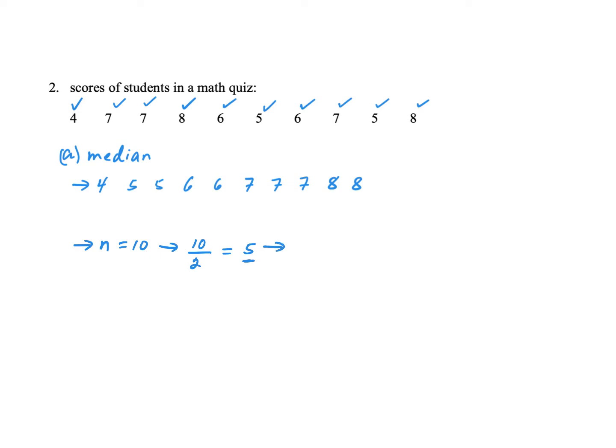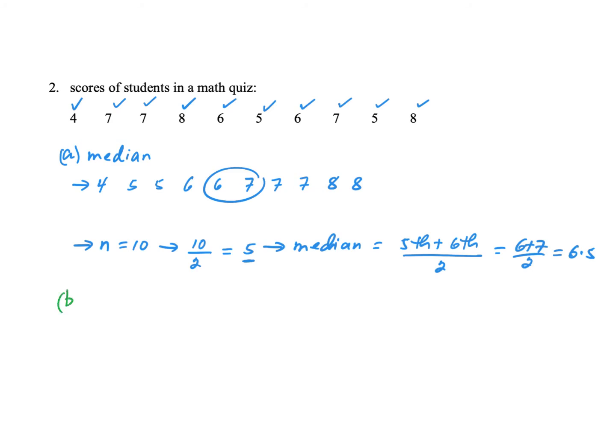When you have 2 middle values, the median will be the average of those 2. So in this case, the median will be the 5th value plus the 6th value divided by 2. If you look at our list, these are the 2 values. So the median will be 6 plus 7 divided by 2, or 6.5.